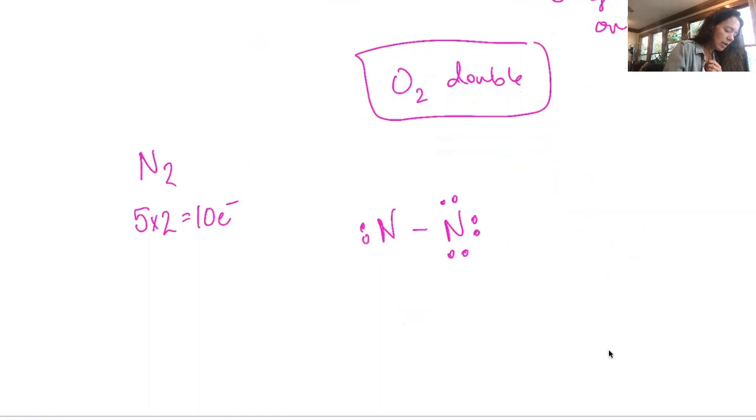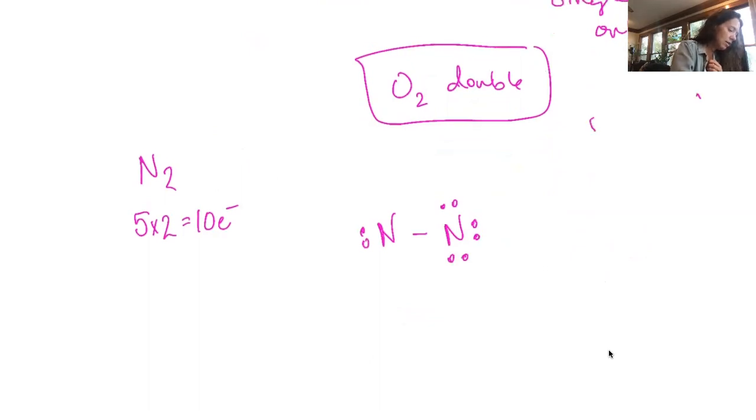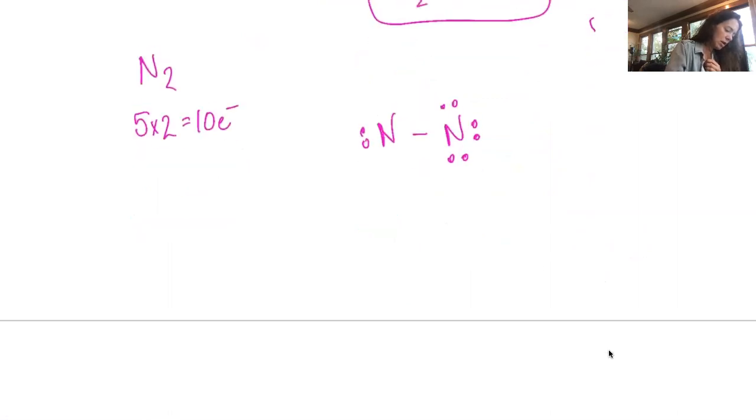And you see that this nitrogen on the side has 2, 4, 6, 8. However, the other guy only has 2, 4. So this guy over here needs to share with him.